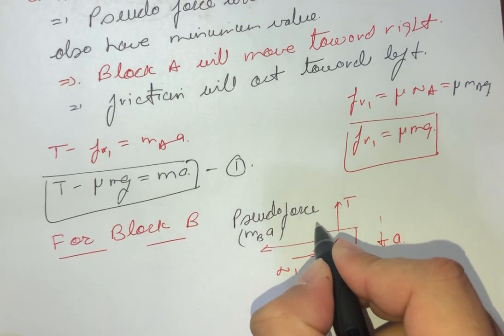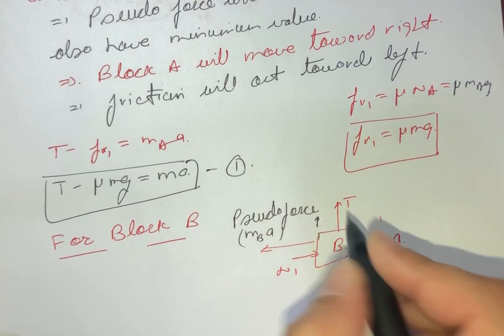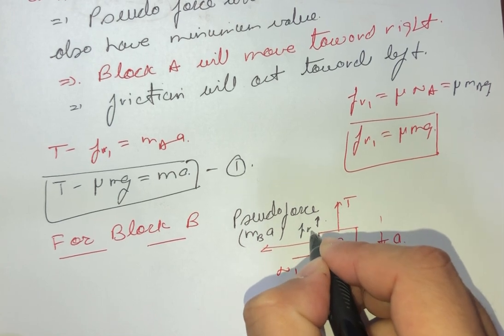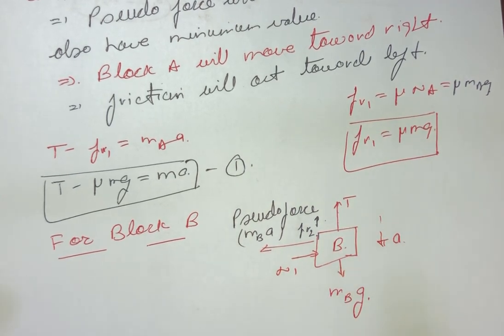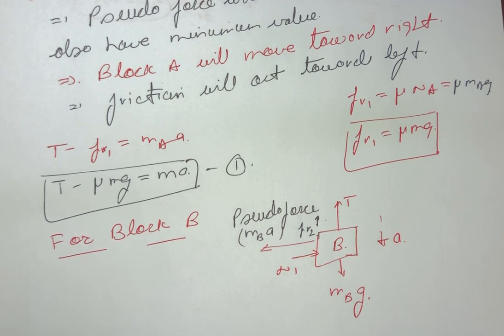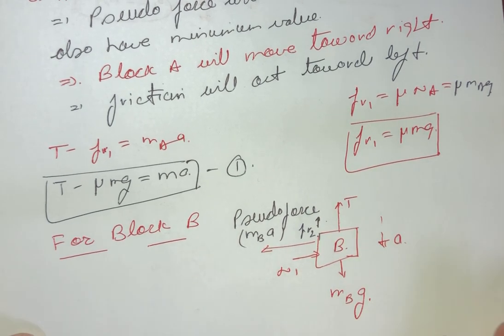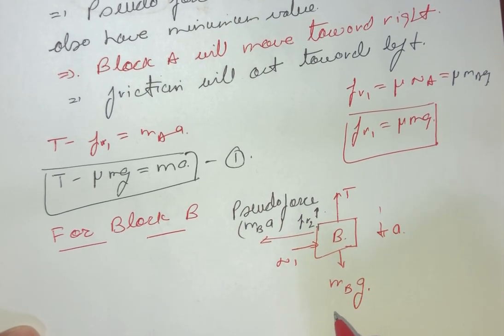So we are going to have a frictional force in upward direction, that is Fr2. So here also we can find out our Fr2.